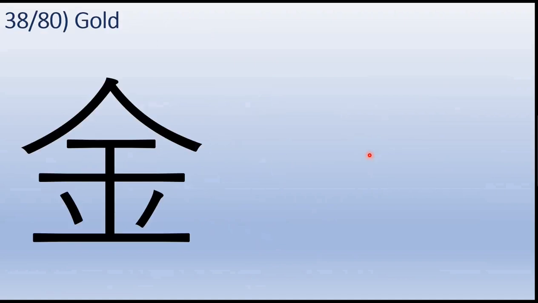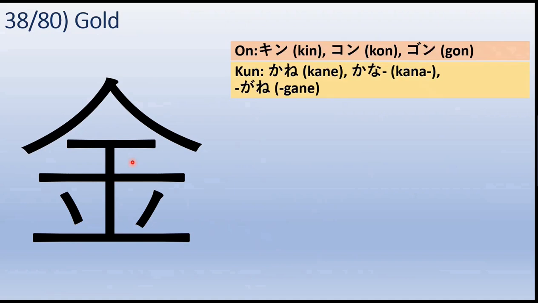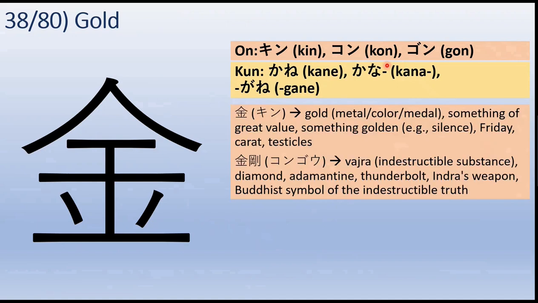The next kanji of today is gold. This is the symbol for gold. In On'yomi, we call it kin, kon, or gon. In Kun'yomi, it is kane, kana, or gane. So the usage may contain any of these. Kin means gold. It may also mean metal, color, or medal, that is the gold metal or gold color or gold medal, something of great value, something golden.